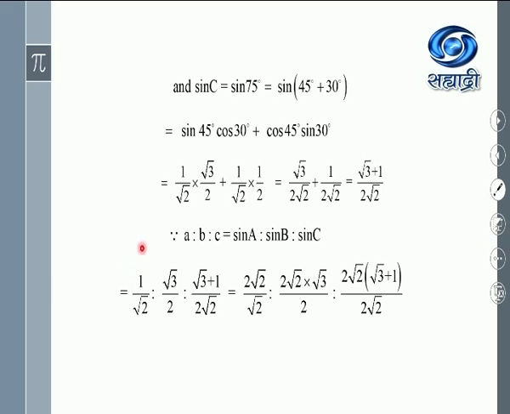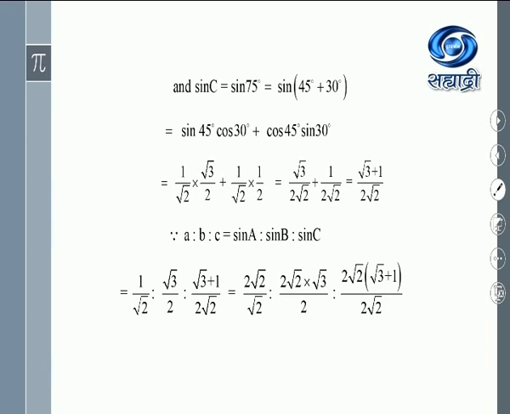So 1 multiplied by 2 root 2 is 2 root 2 upon the denominator is same. Okay, root 3 by 2 we multiplied by 2 root 2, which is 2 root 2 into root 3 divided by 2 as it is. Right? Next is this term multiplied by 2 root 2, which is 2 root 2 into bracket root 3 plus 1 upon 2 root 2. Clear?